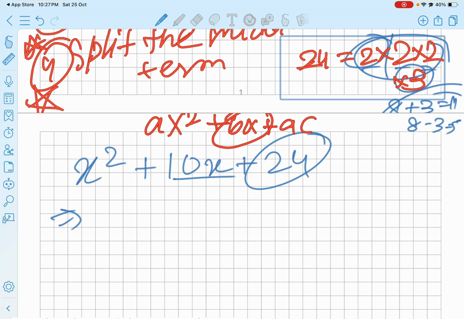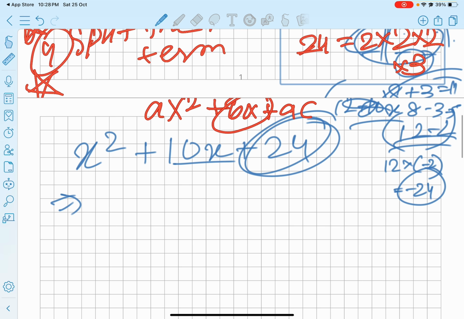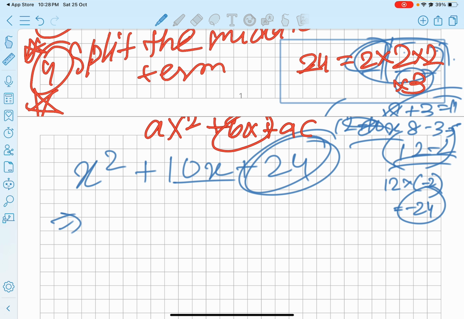Okay, let's try a different format. Maybe leave only this 2, and take 2 into 2 into 3, which is 12. Now 12 minus 2 can be done, but it will not work. Why? Because if you multiply 12 into minus 2, you are getting minus 24, but we need a positive 24. So let's try one more thing for the last time. Let's have the 2 into 2 and a 2 into 3. 2 into 2 is 4 and 2 into 3 is 6.